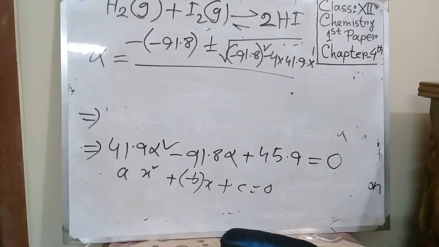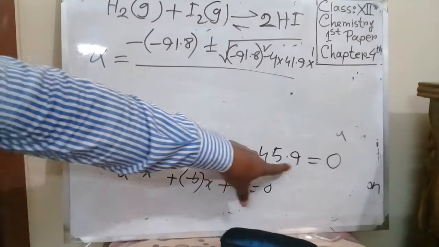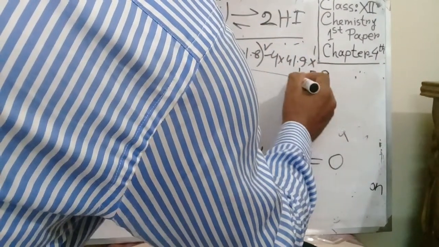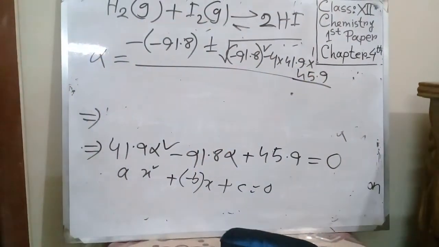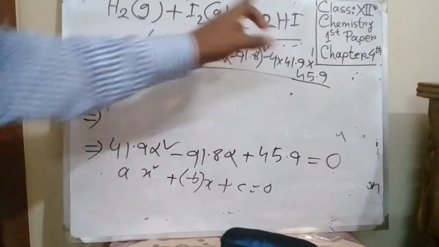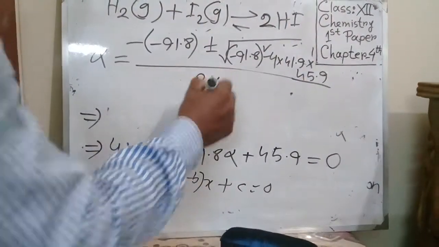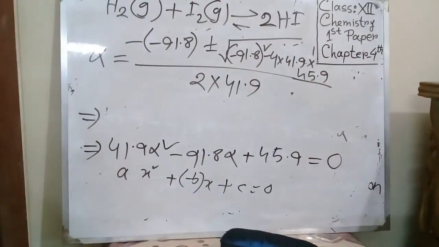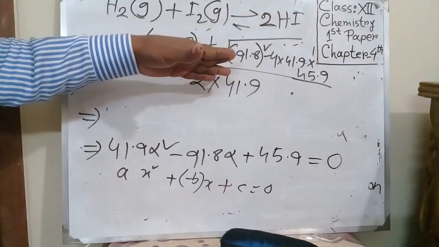What is c here? C is 45.9, so I can write here 45.9, all divided by 2 into 41.9.